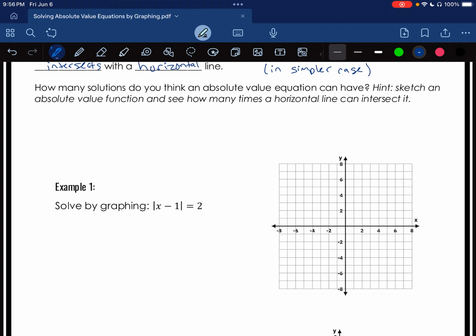I want you to think, how many solutions can an absolute value equation have? Okay, so sketch a V shape. How many times do you think you can cross that with the horizontal line? All right, so there's going to be three different answers here.